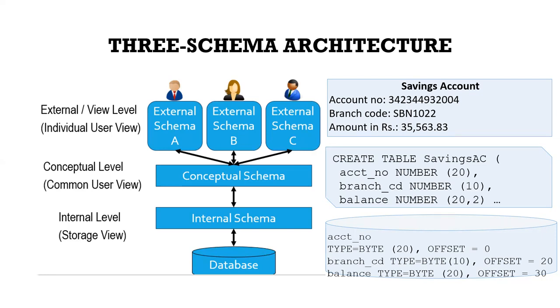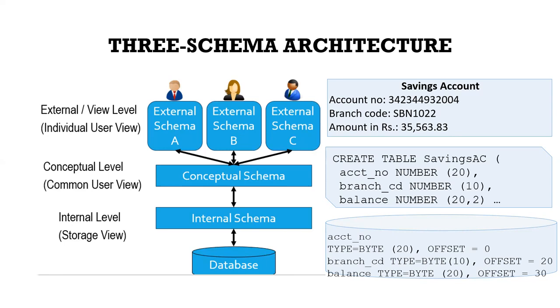It will show the logic for creating an account, getting an account number, to which branch the account should be created, what amount should be credited, and what balance amount is required. Those things are mentioned at the conceptual level, the common user view, just the logic for creating, updating and deleting. All the logical operations will be mentioned in the conceptual schema.